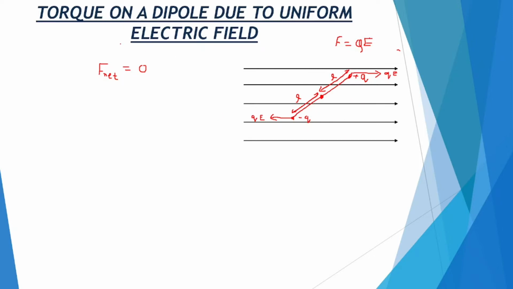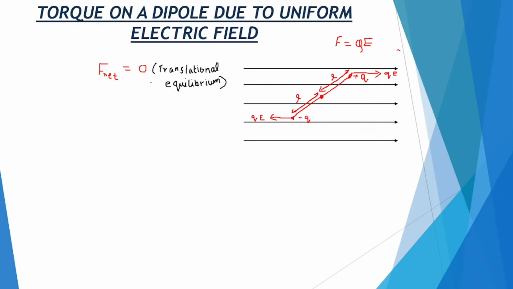So F net equal to 0 means it is in translational equilibrium. So we can write it here. This is a really important point: always the F net, that means the total force on a dipole kept in a uniform electric field, will be 0.